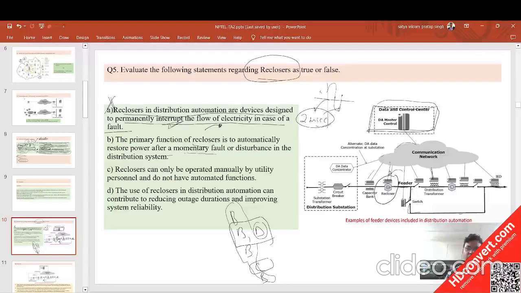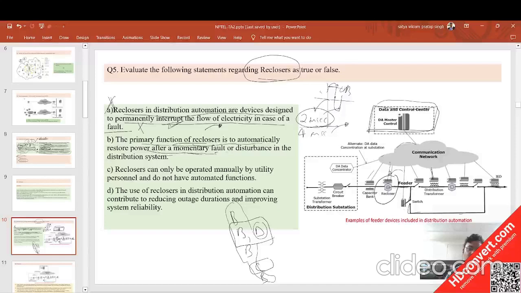If the current has not decayed, it will sense that the current is higher and try to open at that point. Suppose after 4 milliseconds it again tries to close to restore the supply, so it does not permanently interrupt the fault.